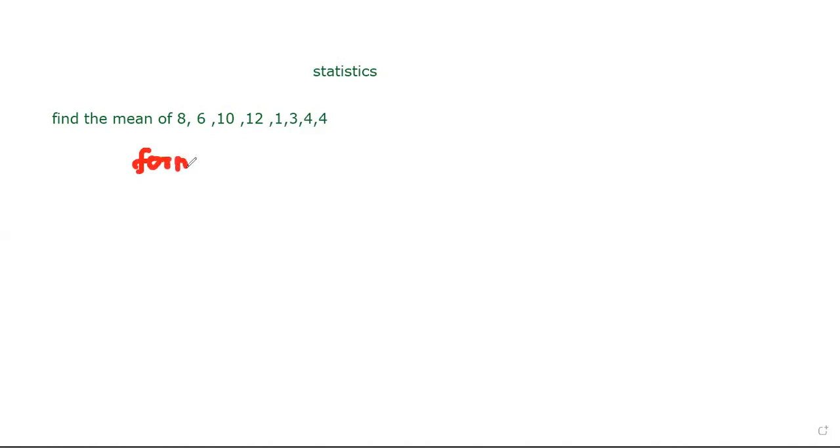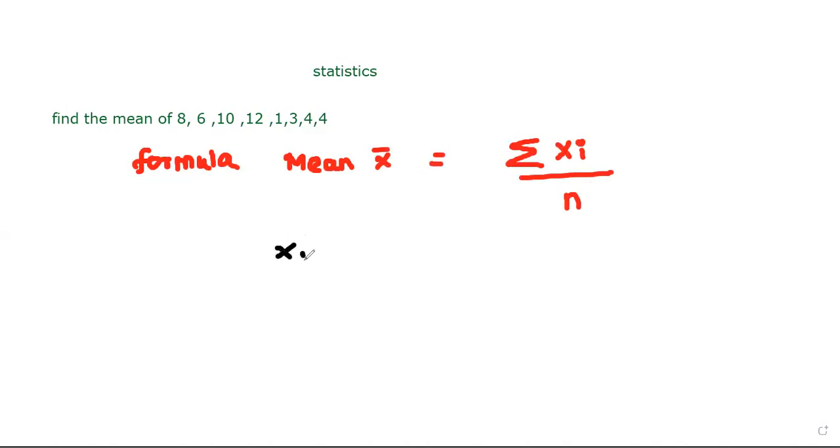Formula is mean x bar is equal to summation x suffix i whole divided by n. I'll tell you what this x suffix i is.